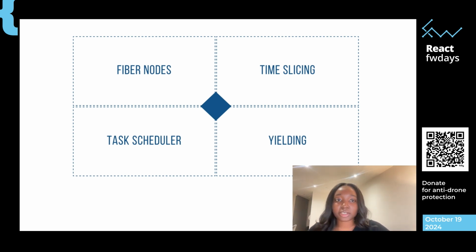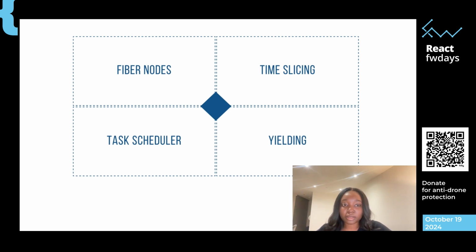And then the task scheduler is sort of like the engine, if you think about it like that. So this is what manages the execution of these tasks, and it uses a priority queue. So it determines which updates should be processed first, and when to pause or stop an update entirely. So the scheduler essentially is intelligent enough to know, okay, this is a high priority update.